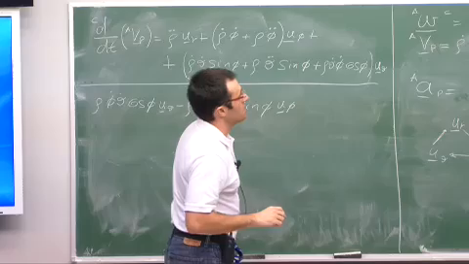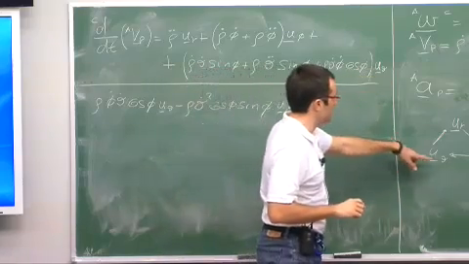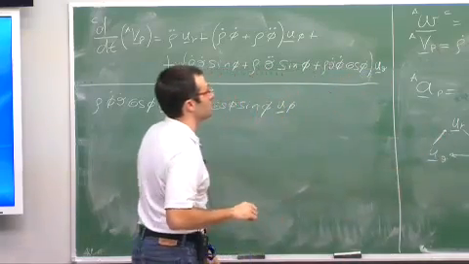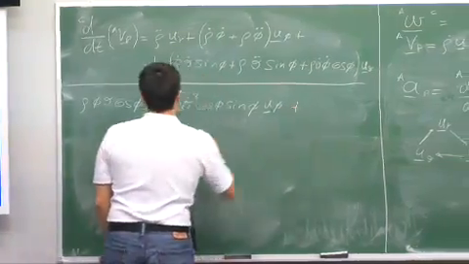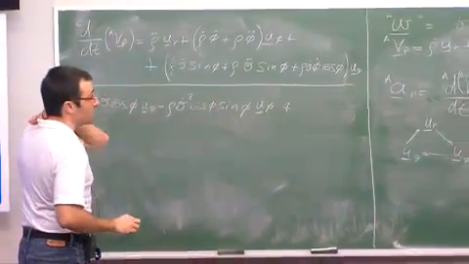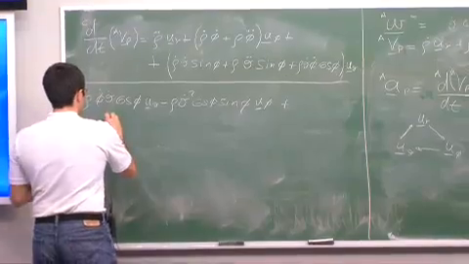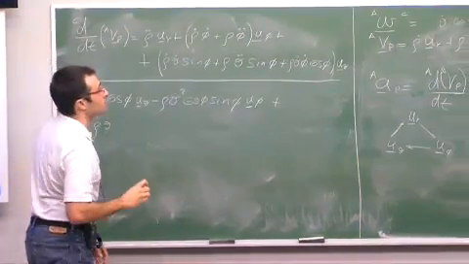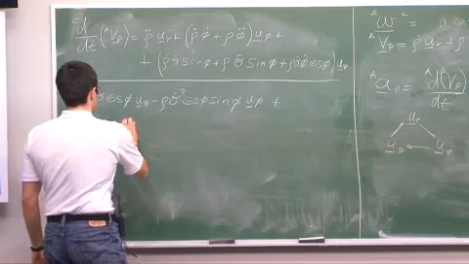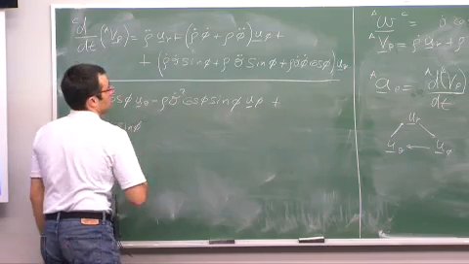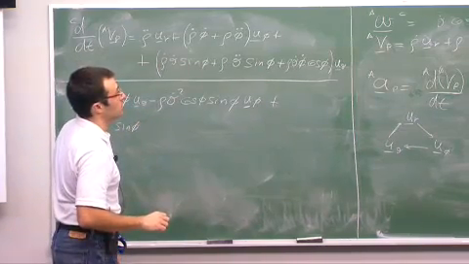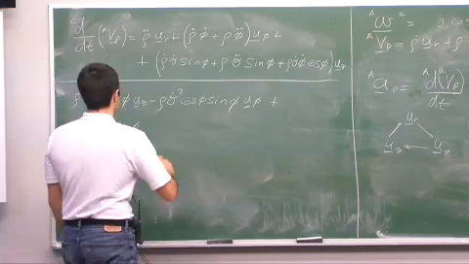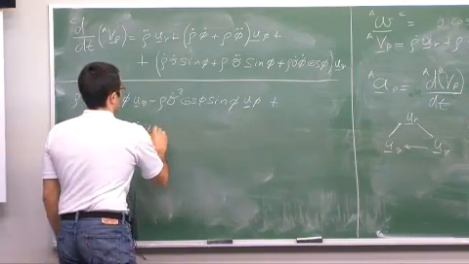Second one, u phi cross with ur. U phi cross with ur is minus u theta, so that minus goes away. I see a rho dot theta dot sine phi u theta. Okay.